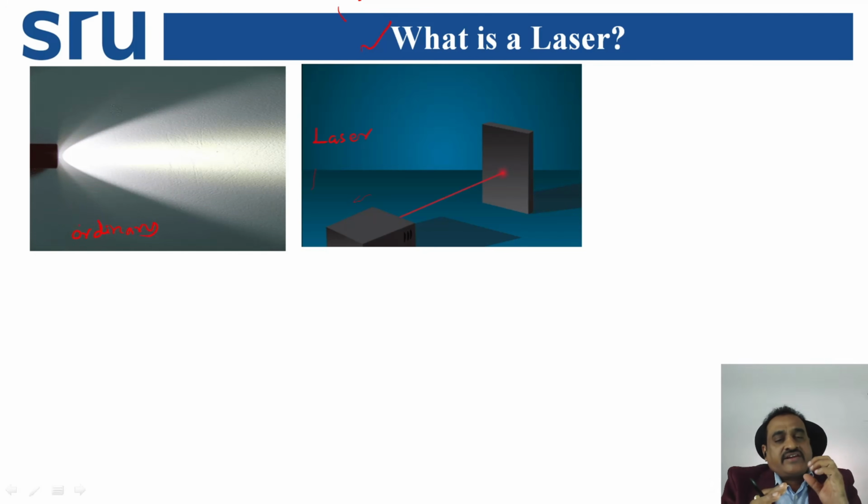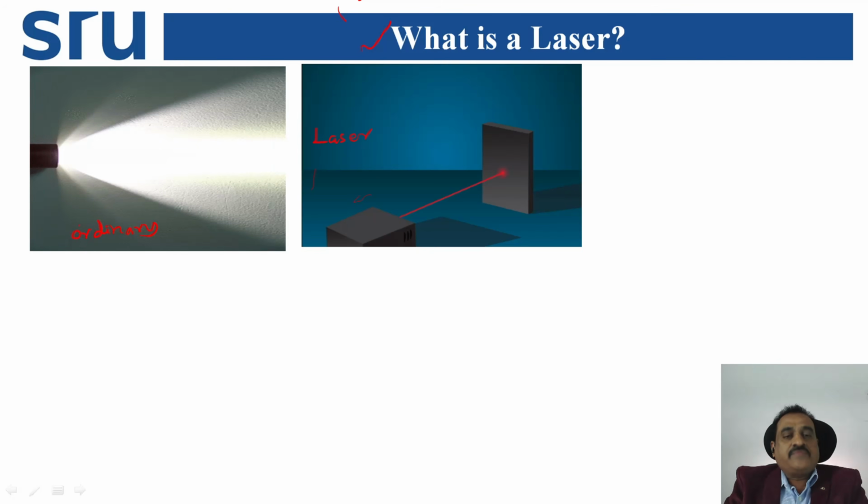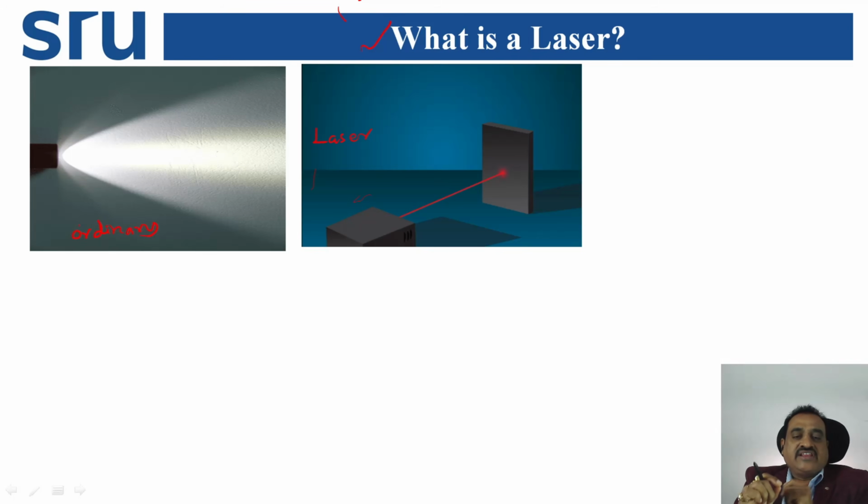The ordinary light emits the radiation in all the directions without any phase relation and frequency relation. But the laser light emits the radiation only in one direction with a phase relation and frequency relation.